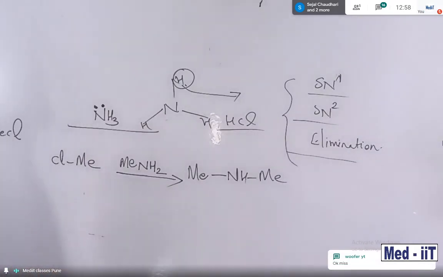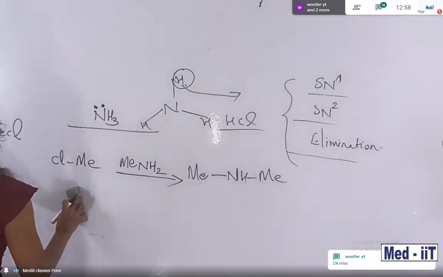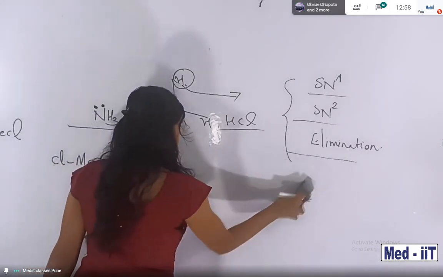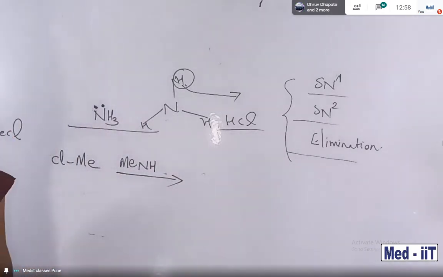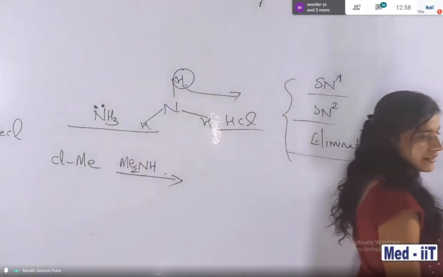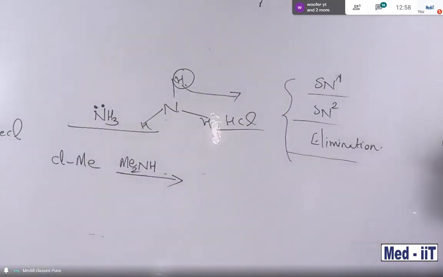Next question. Again, a little bit similar to this one. Here I am changing like this. Then predict. Do it fast. But Me2NH is there. Predict. Very easy, right? Same method. Don't waste time.